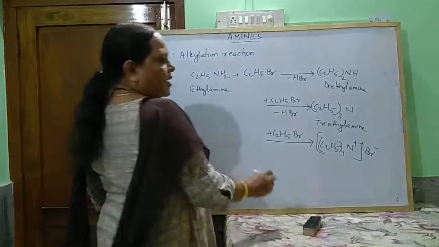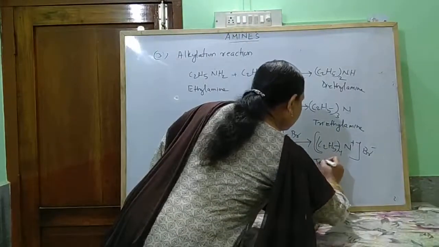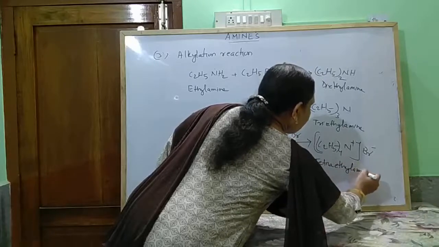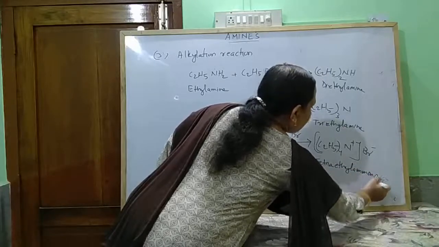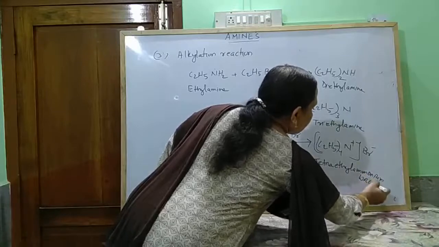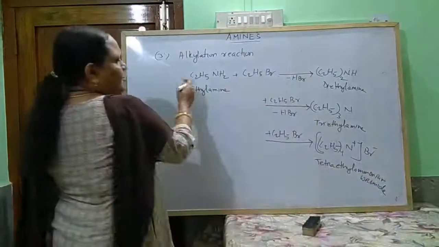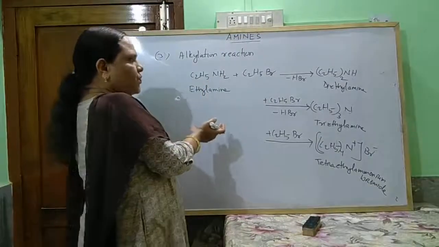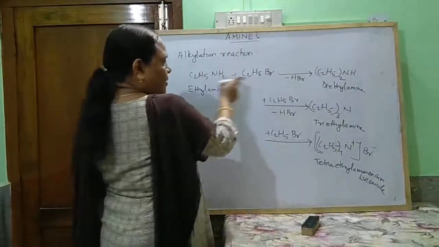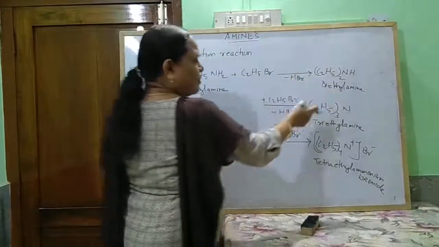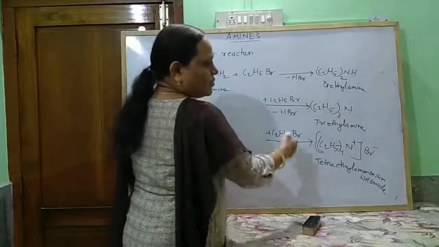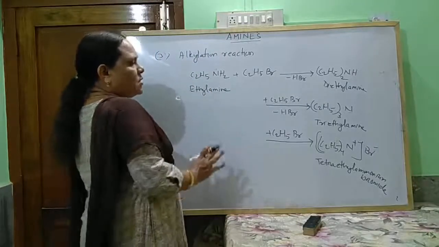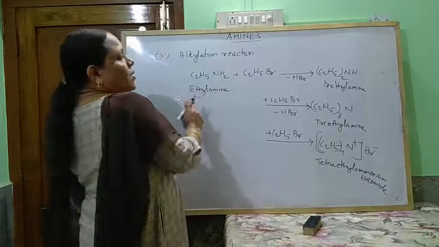This is tetraethylammonium bromide. In place of ethylamine, you can write the reaction for methylamine also. Methylamine with methyl iodide first gives dimethylamine, then trimethylamine, then tetramethylammonium iodide. Same type of reaction, so I have given only one.